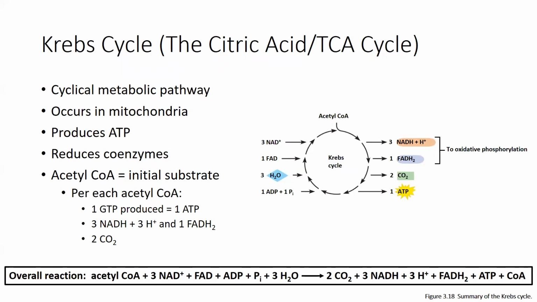And at the end of this cyclical enzymatic sequence of events, we yield 3 NADH, which again is simply 3 NAD+ grabbing some electrons and shuttling them off to the mitochondria. We also yield FADH2. Now, FAD is another carrier molecule, very similar to NAD.